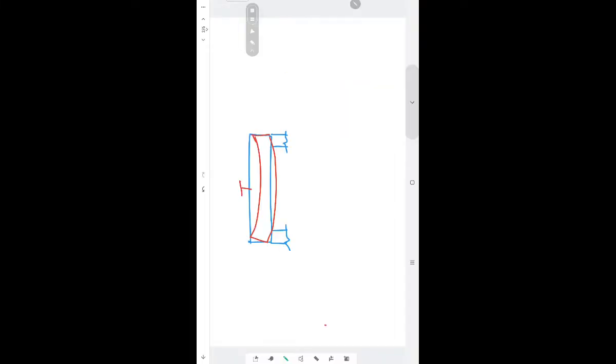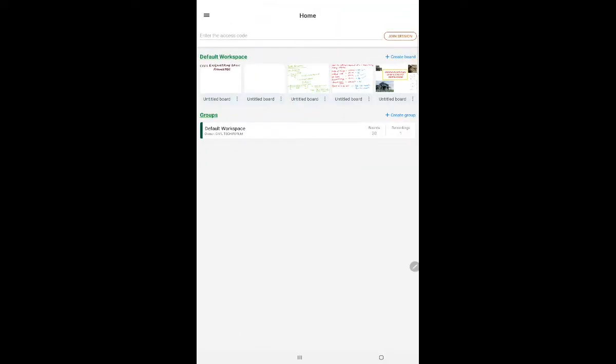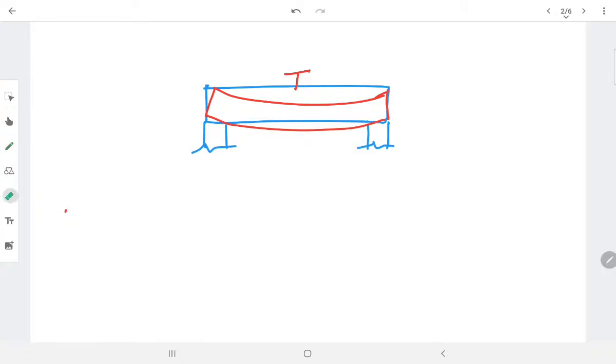So the top fibers are under compression and the bottom fibers are under tension. This line we call the neutral axis. With respect to the neutral axis, the bottom fibers are under tensile stresses and the top fibers are under compressive stresses.